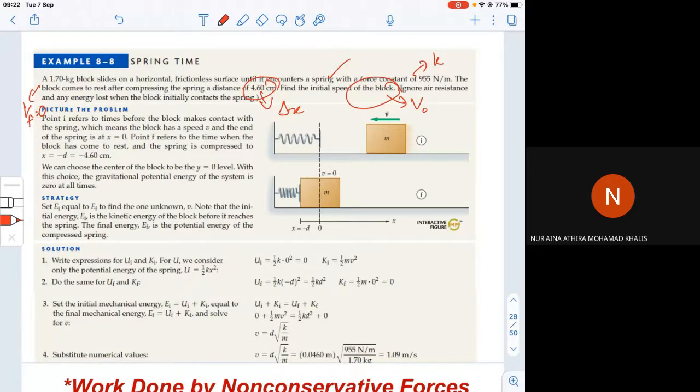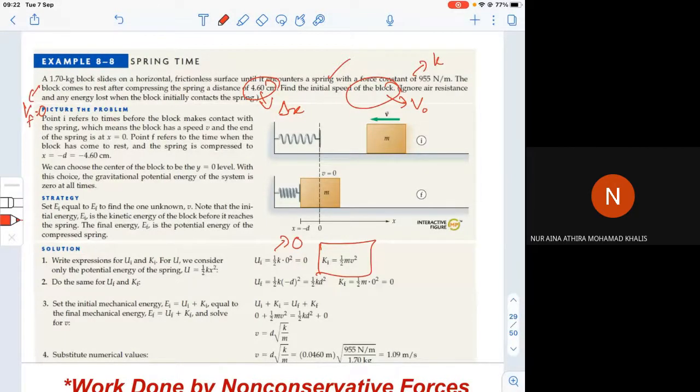Okay, so this is the potential energy initially, because there is no height. The potential energy in this situation comes from the spring alone. When there is no compression, the initial potential will be zero, and the kinetic energy is maximum at that time, initially half m v squared.